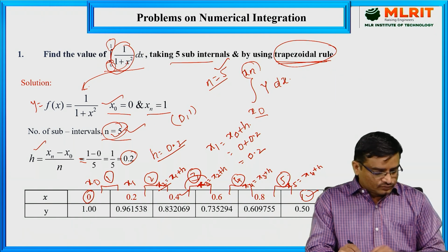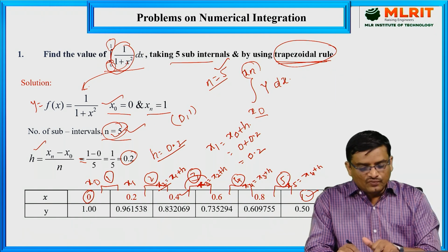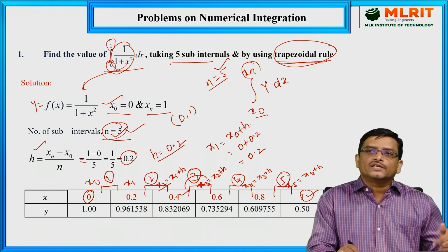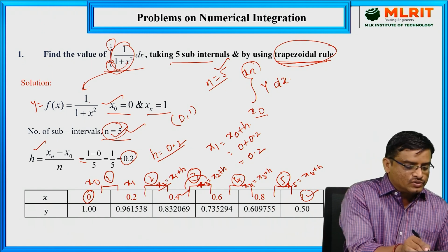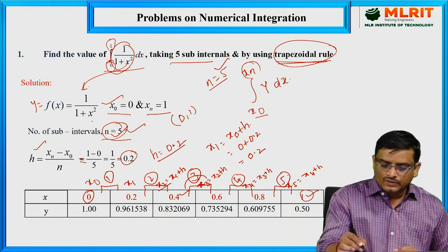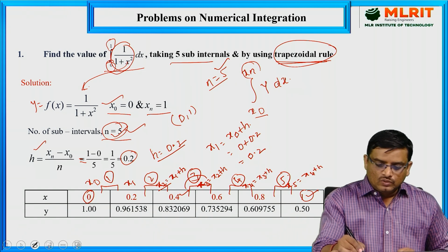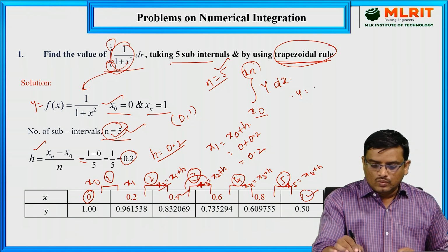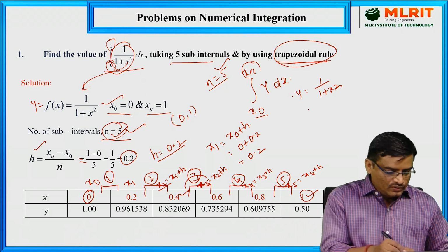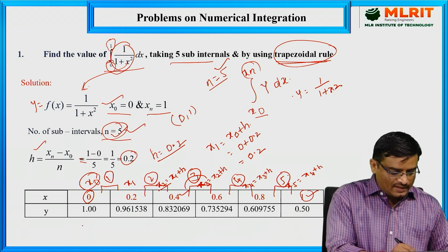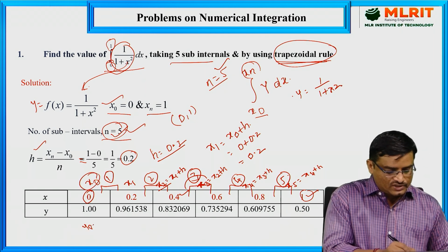Now for these values of x, we have to find the corresponding y values. At the beginning we took y is equal to 1 by 1 plus x square. Now you take the first value of x and get the first value of y, that is y naught.